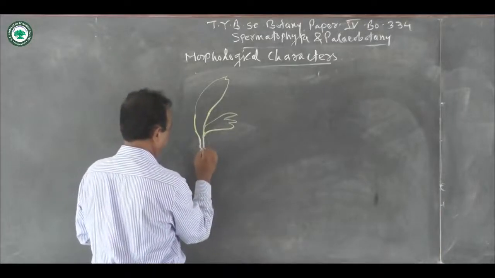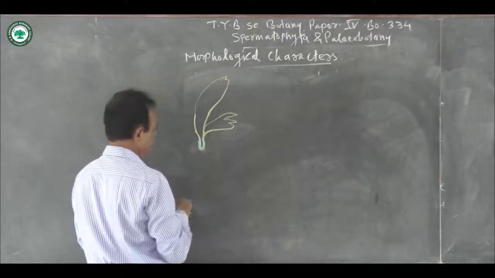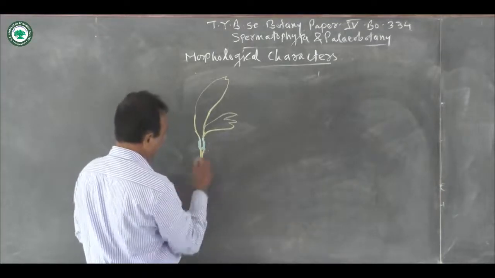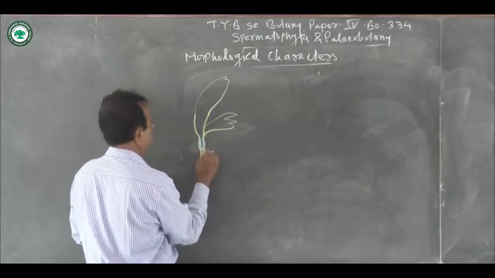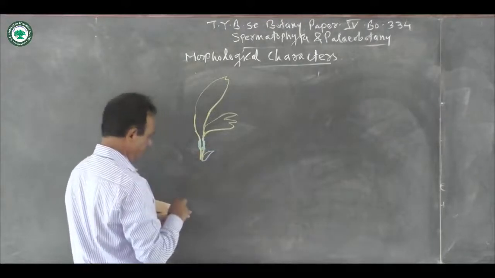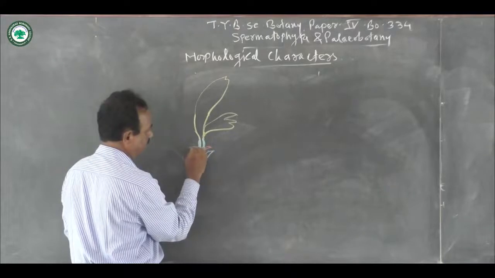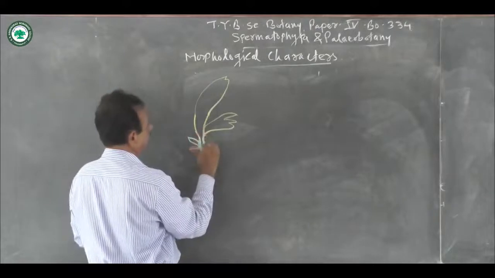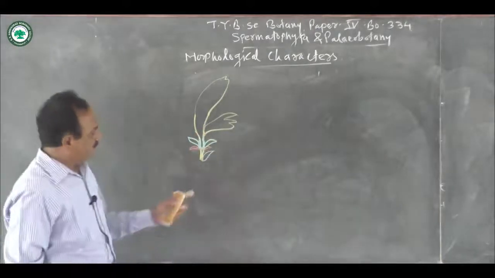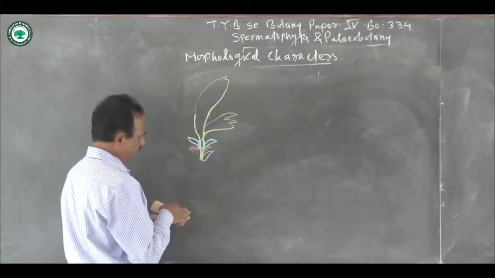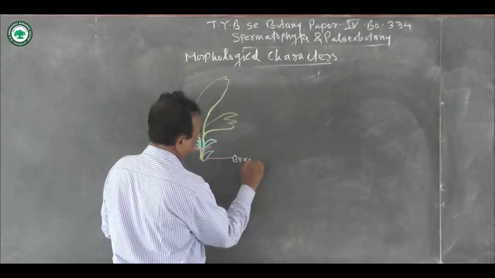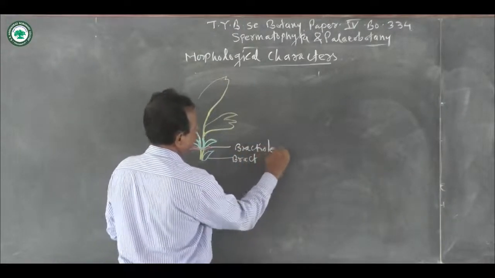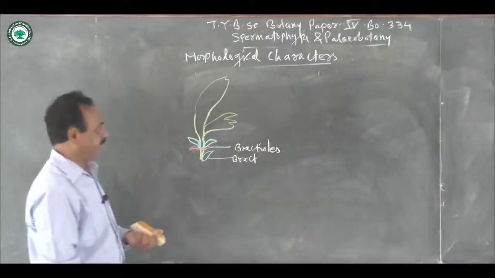Here there is a presence of the disc below, and it shows the presence of the bract. So one bract is present. Inner side to it there are two bracteoles in case of the plant like Acanthaceae.